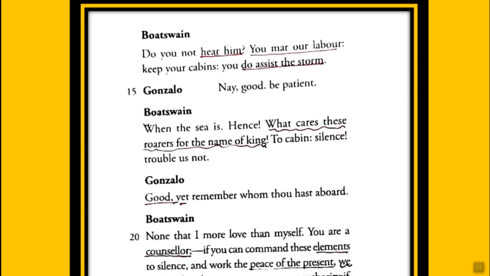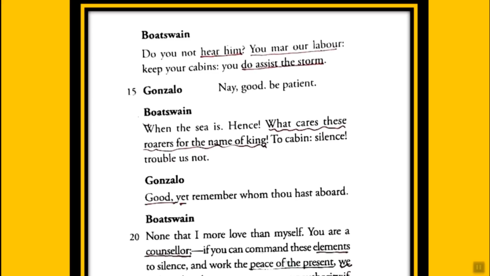Do not trouble us. To this, Gonzalo replies, good, means I am happy that you're trying to save the ship. Yet remember, but remember, whom thou hast aboard, means yet remember whom you have as passengers on this ship. So who are the passengers? The king and the noblemen and others.